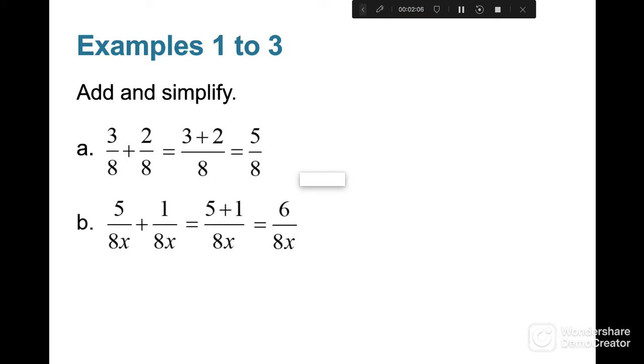But then we can say, is 6 over 8 in lowest terms? No. What can we take out of both a 6 and an 8? A 2. So we can divide both of those by 2. Even though that variable is in there, we still have to have lowest terms. So if we were to divide both of those by 2, we would end up with what? 3 over 4x.